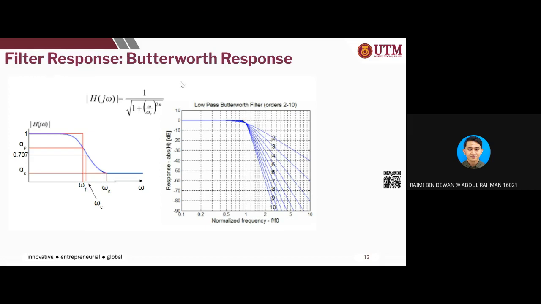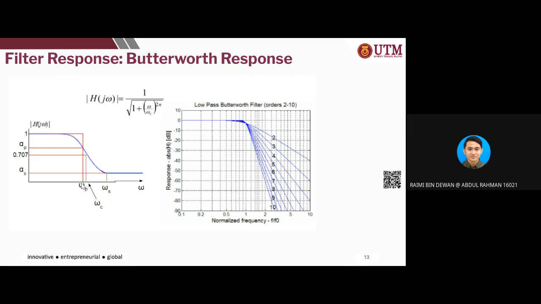Filter response, Butterworth response. So this is your H(j omega), the magnitude. You can see it's 1 over the square root of 1 plus (omega over omega c, the cutoff frequency) to the power 2n. n here is actually your order. So this is the filter response.